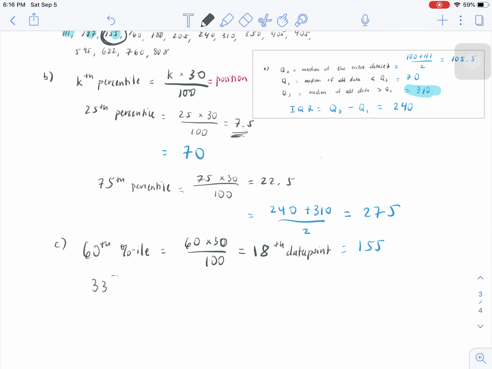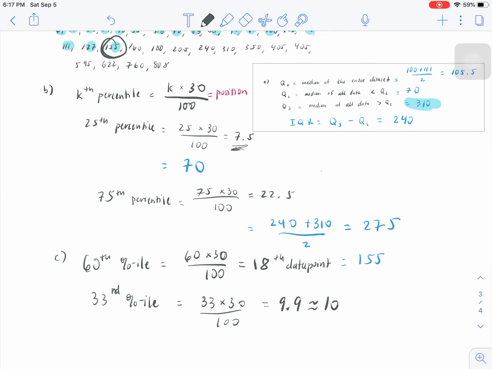Next, let's find the 33rd percentile. So I take 33 times my number of data points divided by 100. If I do this, this will give me 9.9. 9.9, I can round this to 10.